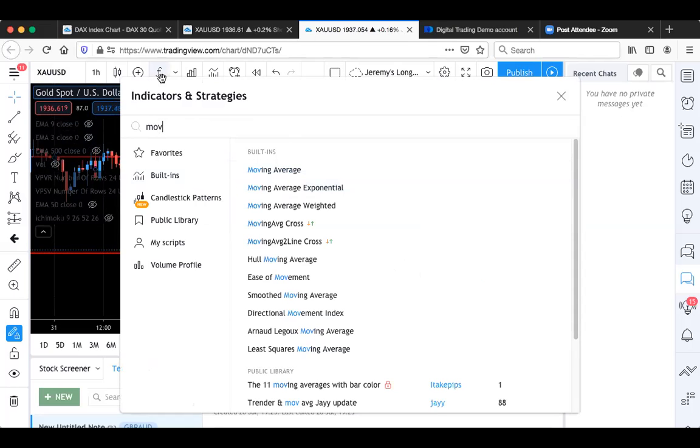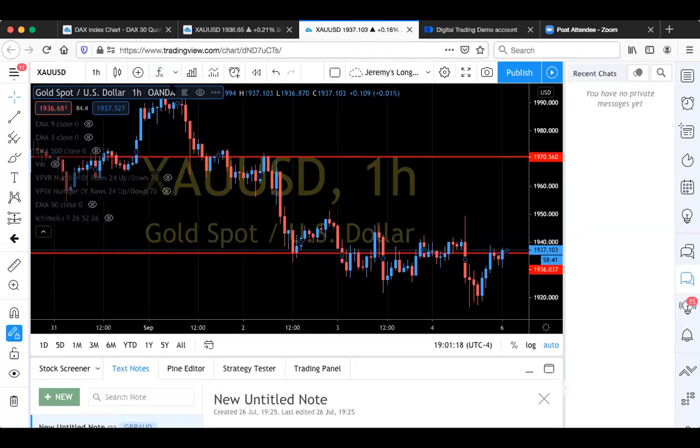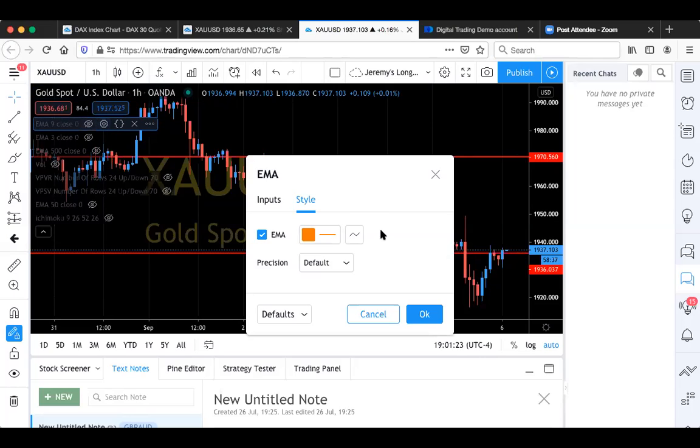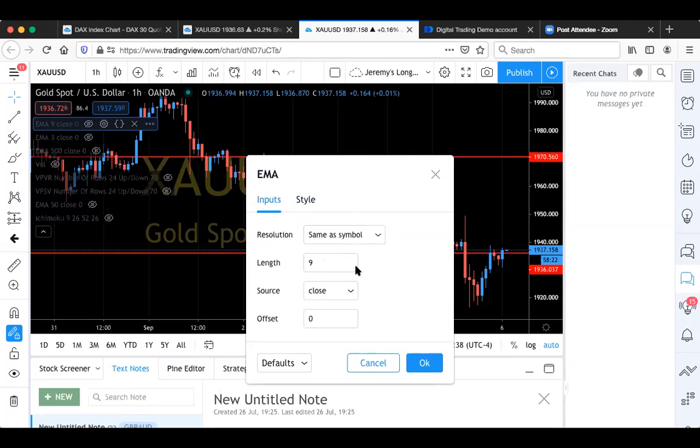And then once that pops up on your screen, you are going to go to the indicator tool list. To edit it, go to the settings. How I got to those settings is this little tool symbol right here. Then you change to whatever color you want, and your input is where you put the 50, the 9, or whatever length you want it to be.